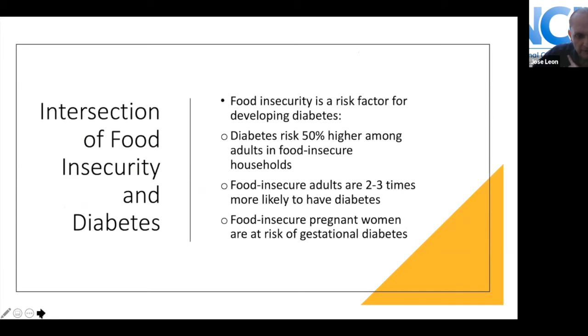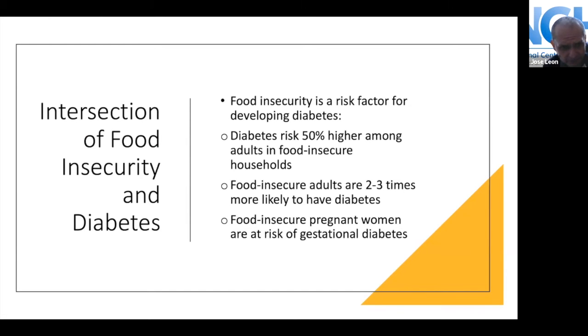So let's move on to the intersection of food insecurity and diabetes. We have provided a general overview and we have learned about food insecurity, but why is it so important to see food insecurity in patients with diabetes?